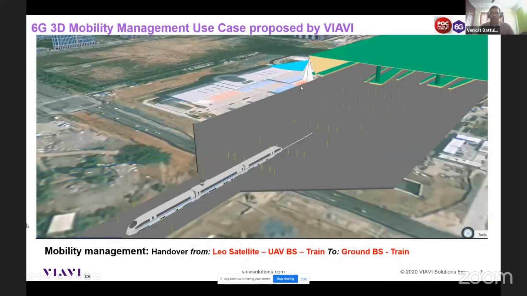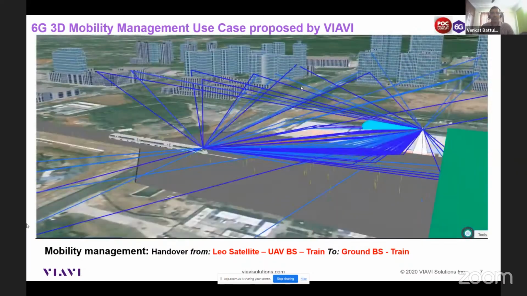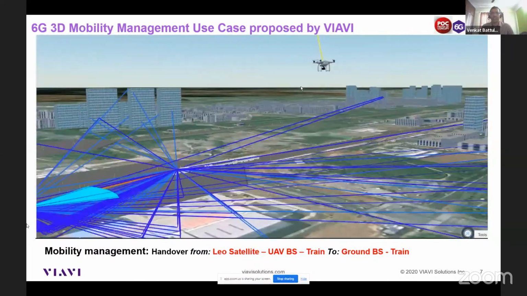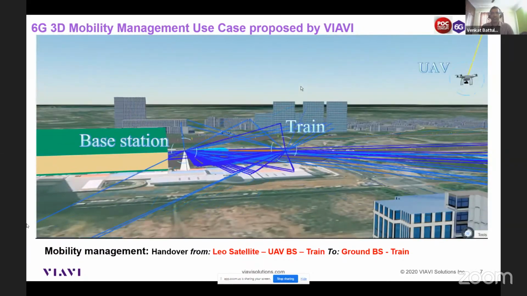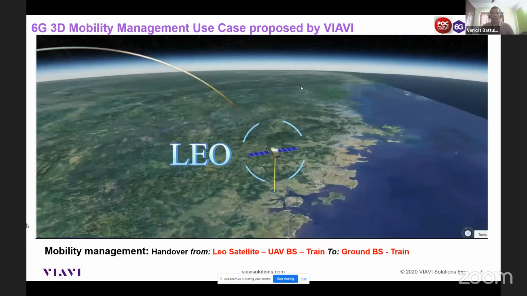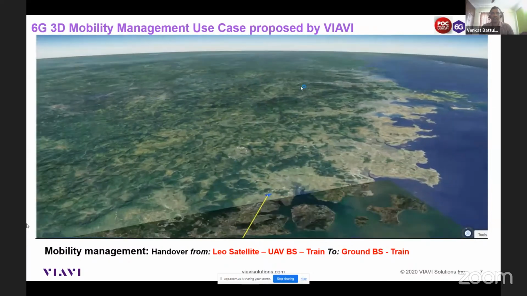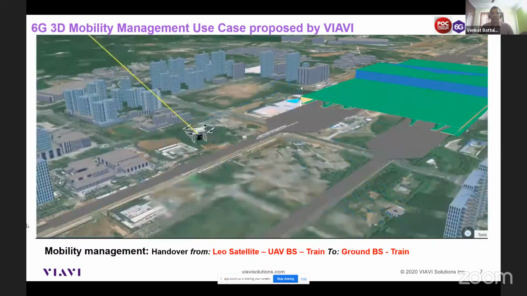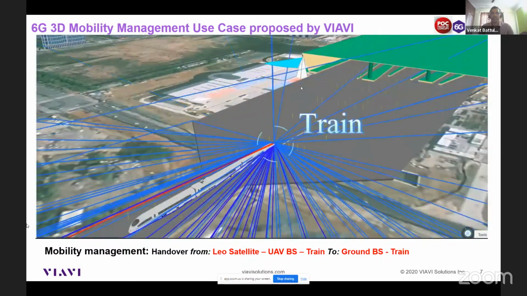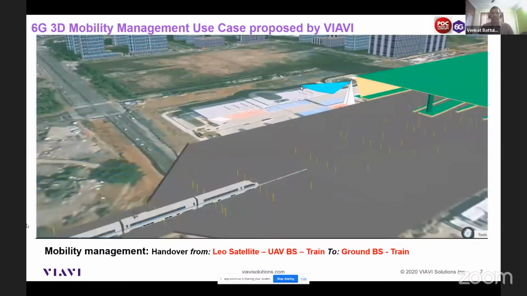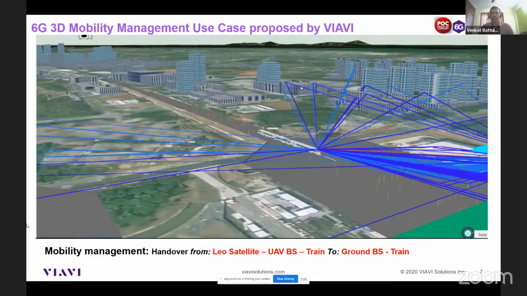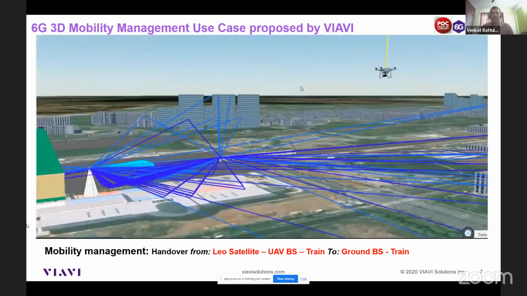You can see the number of multipath models and reflections coming from different buildings, all these things. So you need effective modeling of these channels. The video starts here, so you can see from the satellite coming to the drone, and then to the user in the train, and then approaching a base station on the ground.